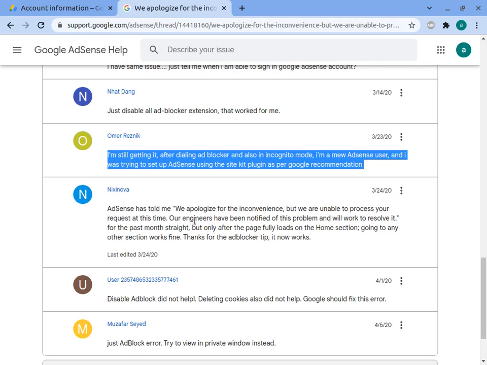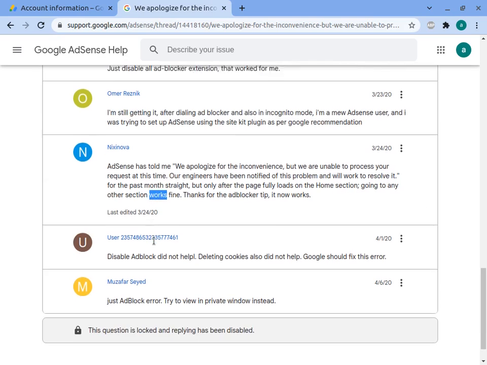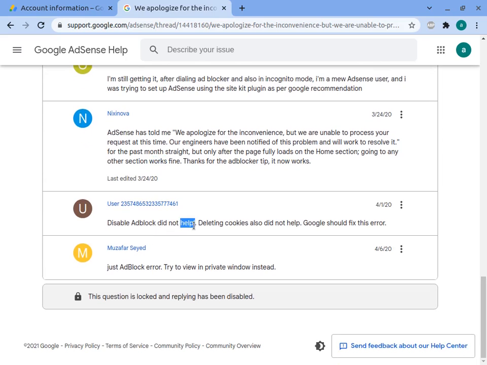Another guy saying the same thing, another guy saying the same thing. Guys, I'm saying more than 90% fixed this issue with the ad block.